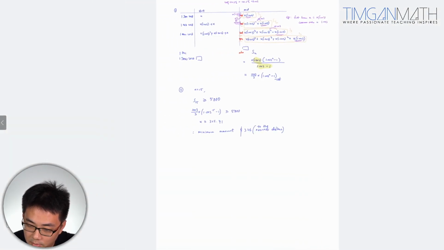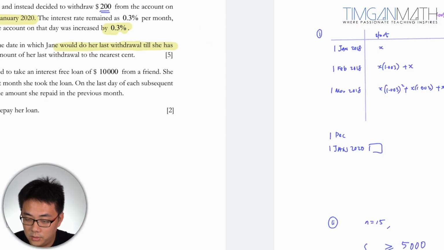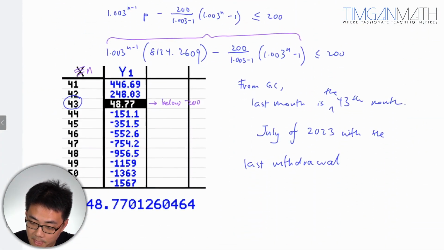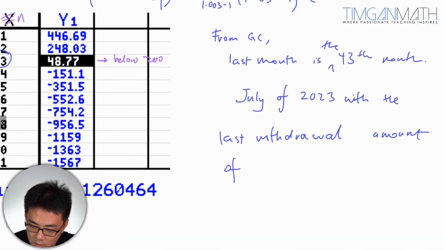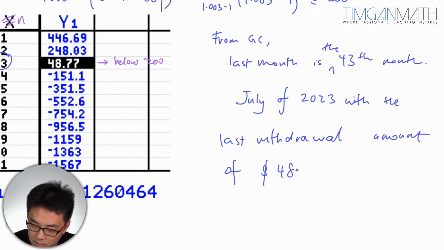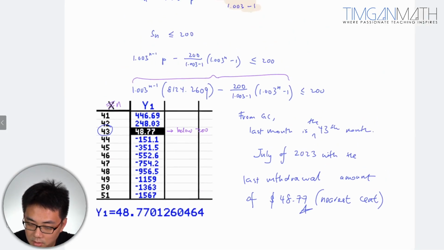Amount of, is it the amount that you want? The last withdrawal to the nearest cent, amount of the last withdrawal to the nearest cent, of 48.77. Okay, I think that's the answer.